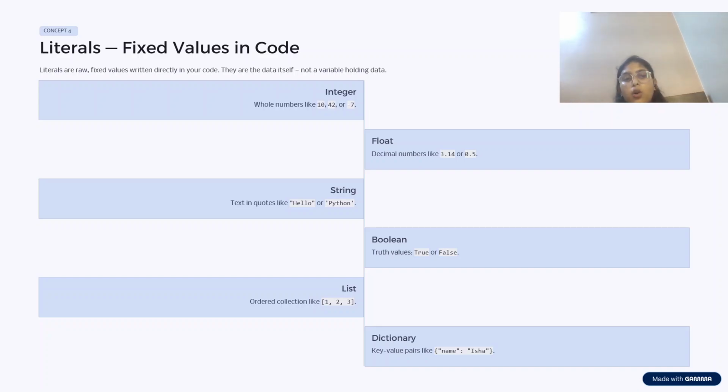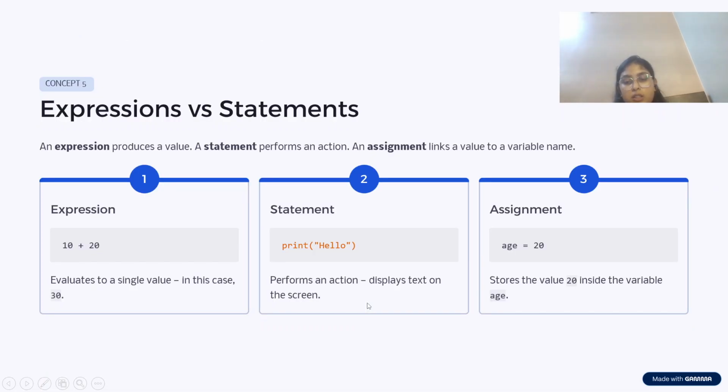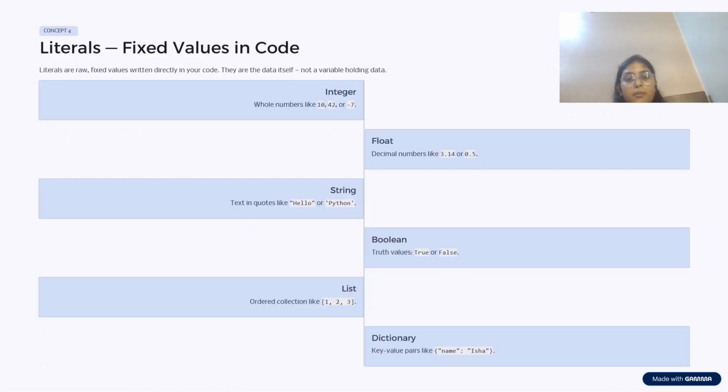Boolean is always a true or false condition, used for checking a condition. Then comes list. A list can store multiple values inside square brackets.